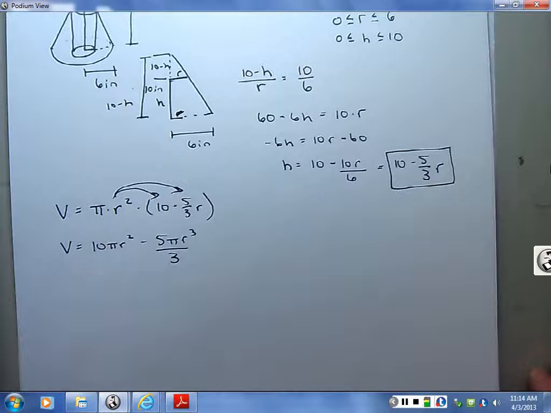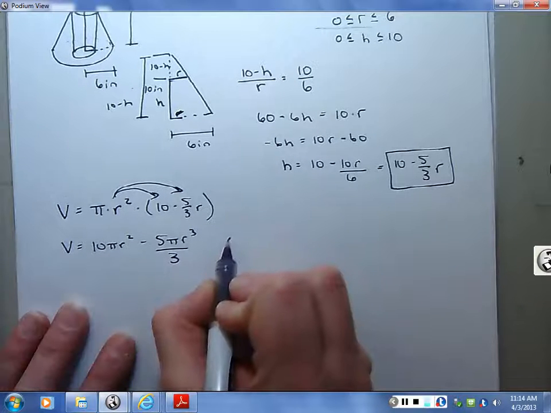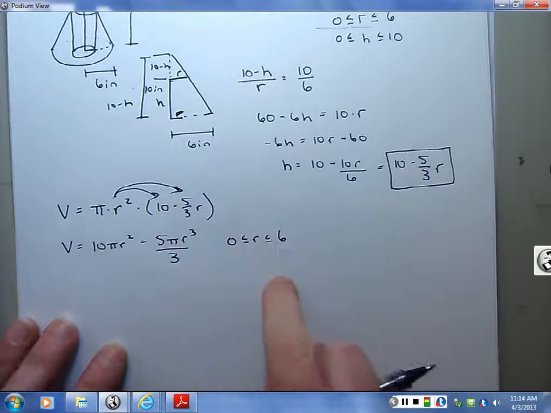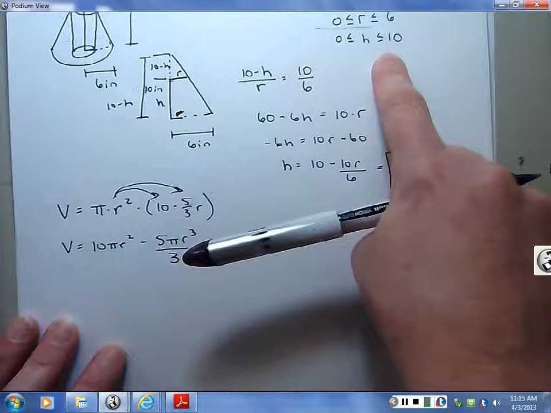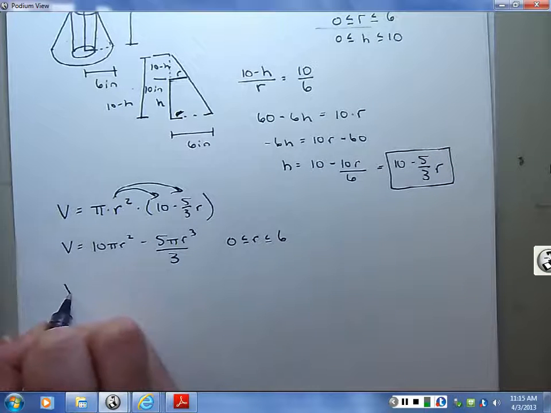So I'm dealing with r, so I'm going to keep in mind that the interval is 0 less than or equal to r less than or equal to 6. If I would have dealt with h, I would have a little bit different function, and then I would keep in mind the bounds on h. So what is the derivative of this function?